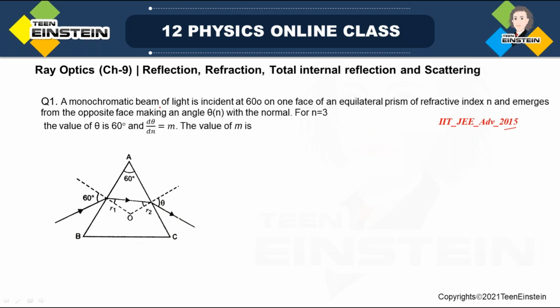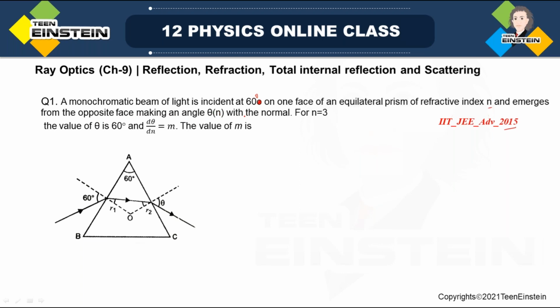A monochromatic beam of light is incident at 60 degree on one face of an equilateral prism of refractive index n, and emerges from the opposite face making an angle theta n.